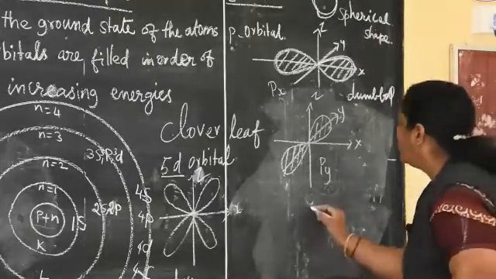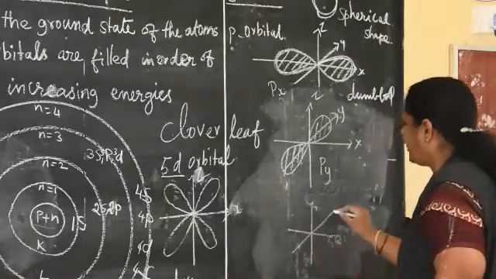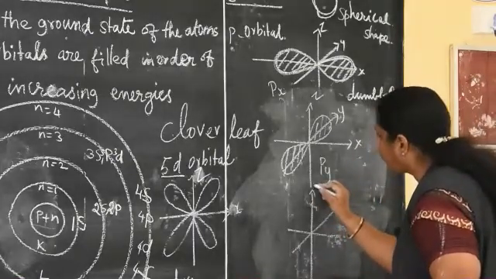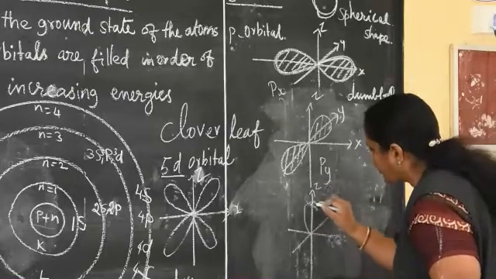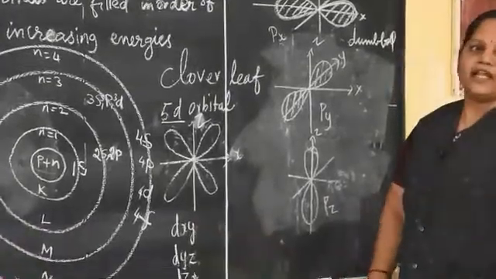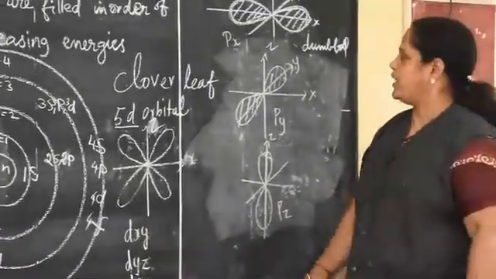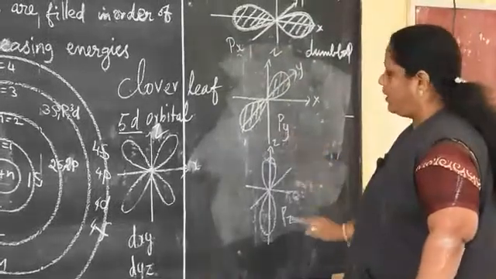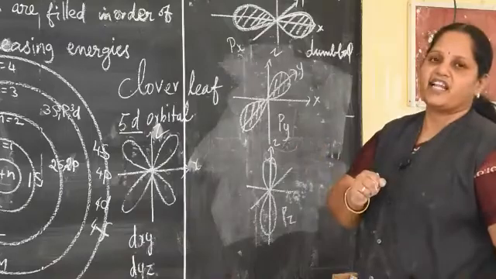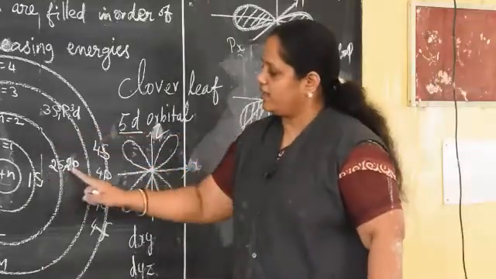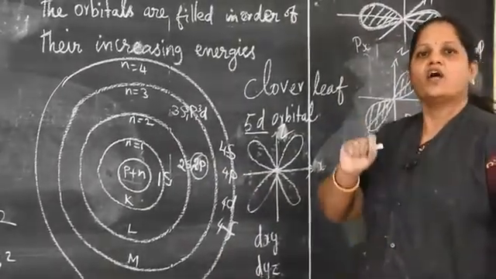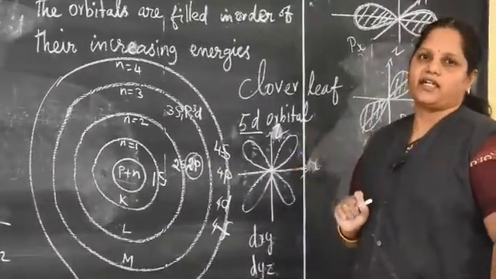Likewise, if the probability is maximum along the z-axis, it is the pz orbital. In total there are three p orbitals: px, py, pz. The p orbitals start in the second energy level, so 2p can be written as 2px, 2py, 2pz.